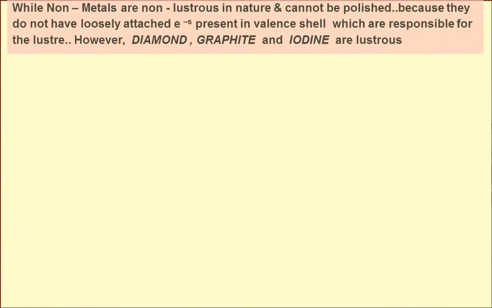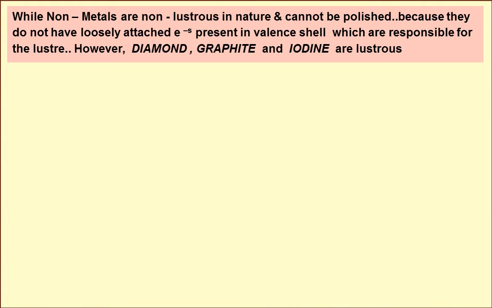If we talk about the lustrous property of non-metals, non-metals are non-lustrous in nature and can't be polished. But the biggest question is why? This is because they don't have loosely attached electrons in their valence shell, which are responsible for the luster. However, diamond, iodine and graphite are some exceptions. They show lustrous property.